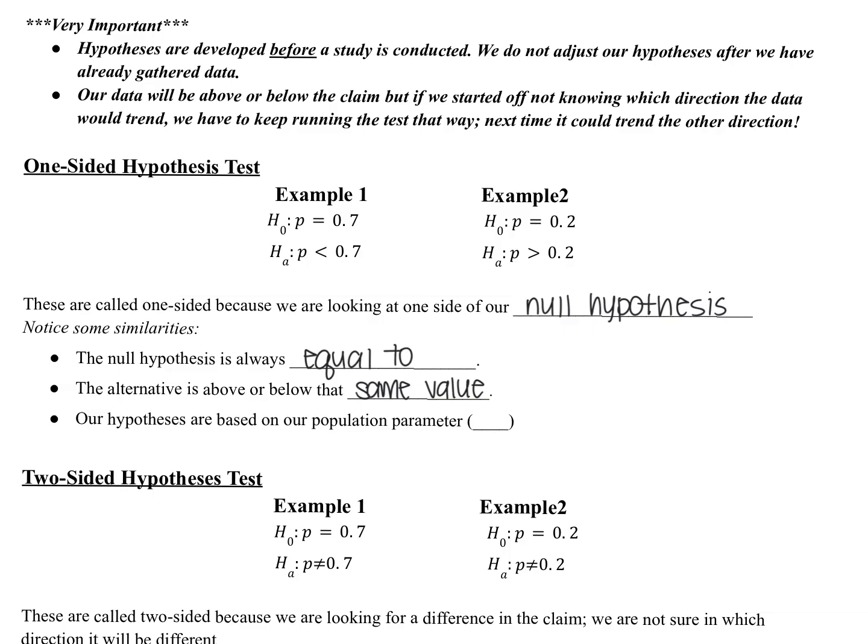And then our hypotheses are based on our population parameter p. So hypotheses have to be based off of the population parameter. We will use a sample proportion p hat, but not in the writing of our hypotheses.